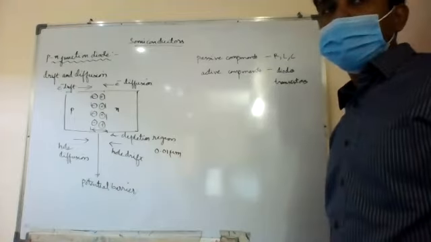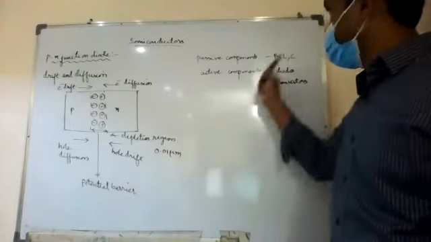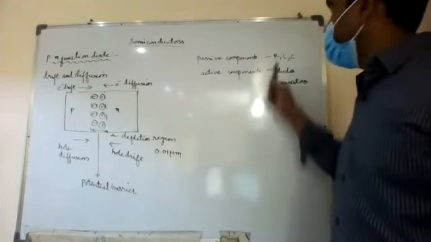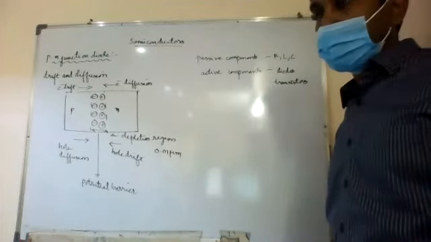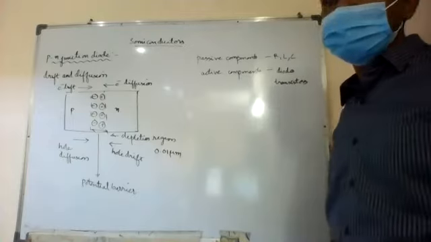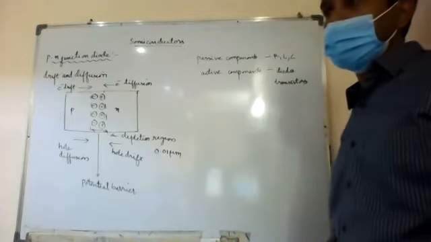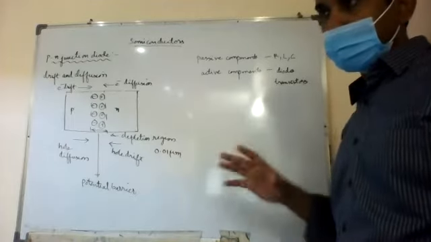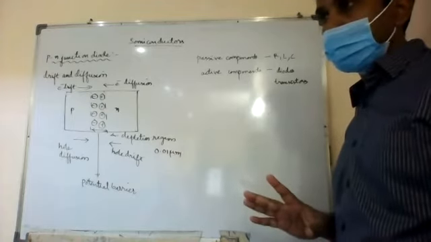This active part is not in our syllabus, but to make you understand what a potential barrier is, I am explaining this. Passive components have no potential difference initially, unless and until you apply one. There is no inbuilt electric potential inside.